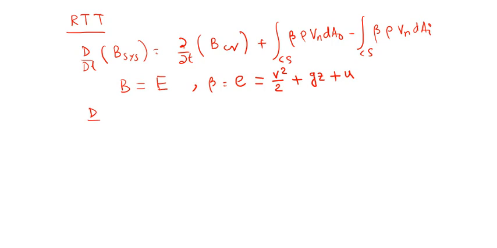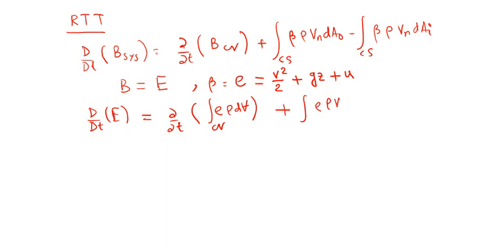That will be dE/dt, and that is equal to del/del t of the integral of e rho dV, because for a small volume the mass will be rho dV, and the energy content of the control volume is this integrated over the control volume, plus the integral of e rho Vn dAo minus e rho Vn dAi.